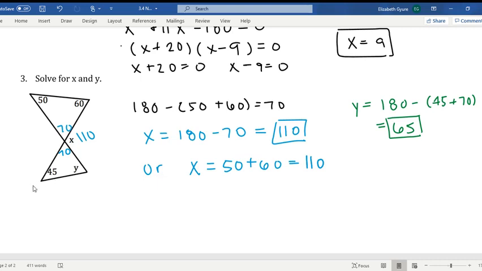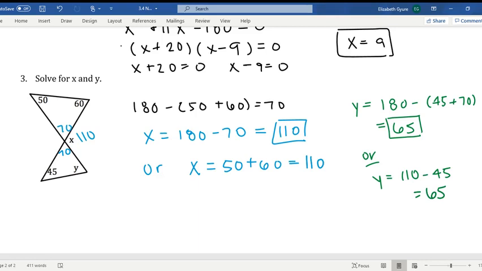You could subtract that instead. Or you could do y equals 110 minus 45. And that would still give you 65. So that's a good strategy as well. They're both good to know because, again, depending on the information you have, you might have to apply one or the other. Good. Questions?